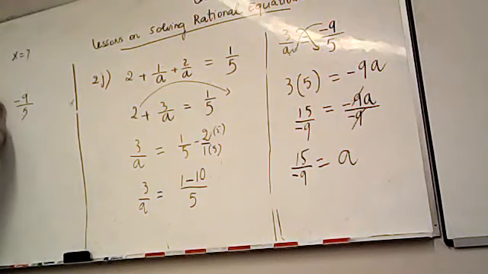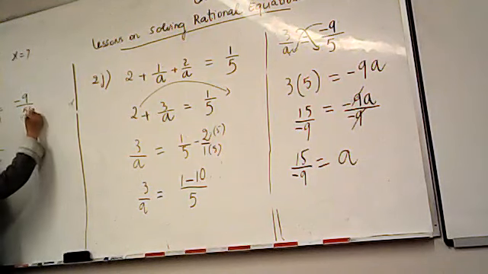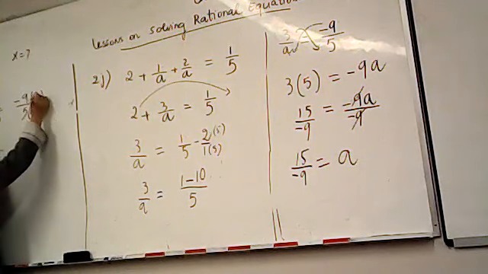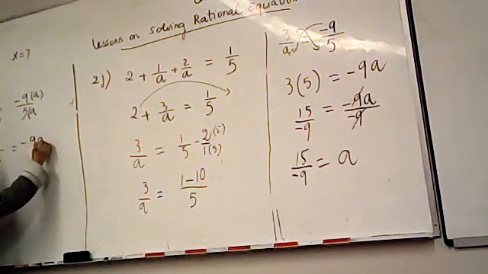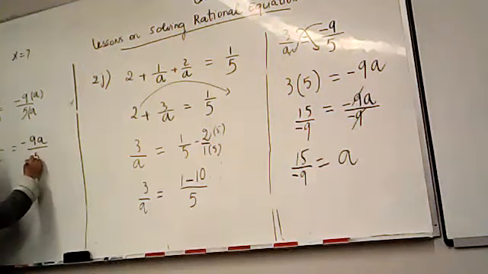Multiply this by 5a, multiply this by 5a. This will become 15 on top, 5a at the bottom, times this with a, times this with a. Equals minus 9a over 5a.